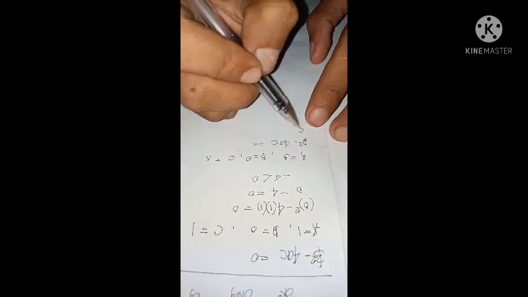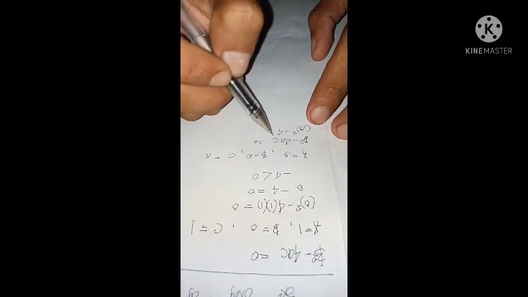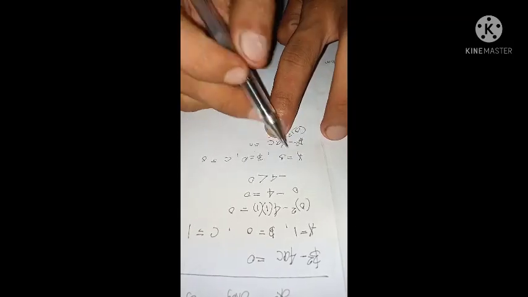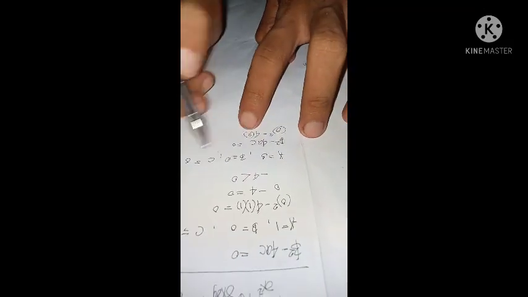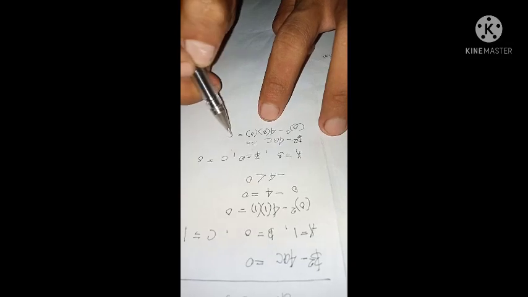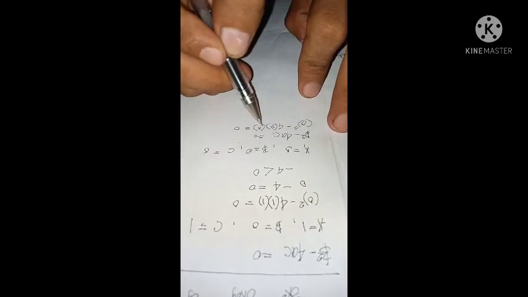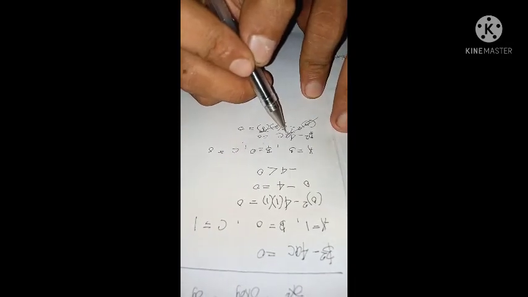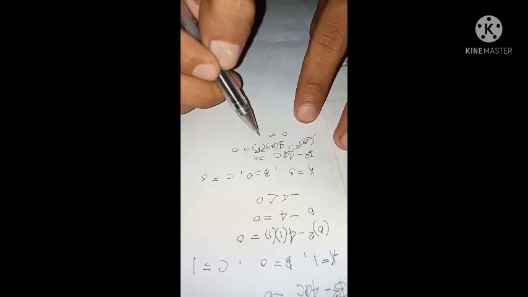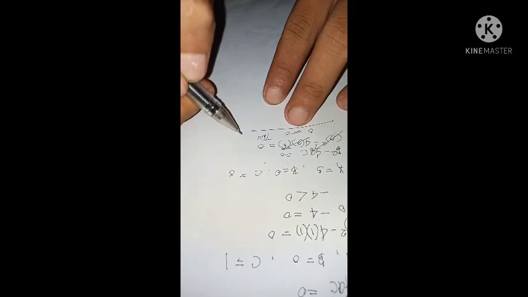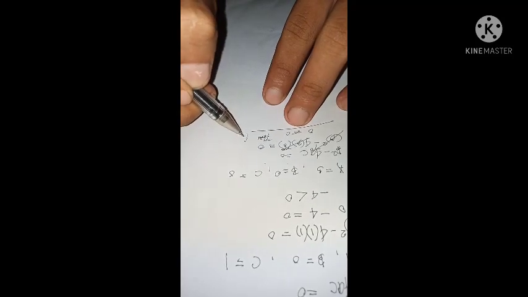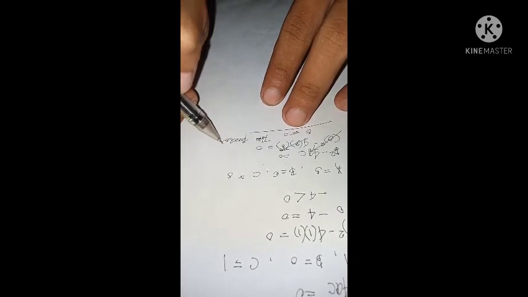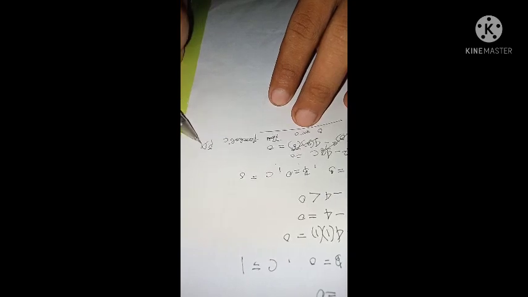So b here is 0. 0 squared minus 4 times A which is 3 times C which is 0, which is 0. So 0 is equal to 0. So this is a parabolic PDE.